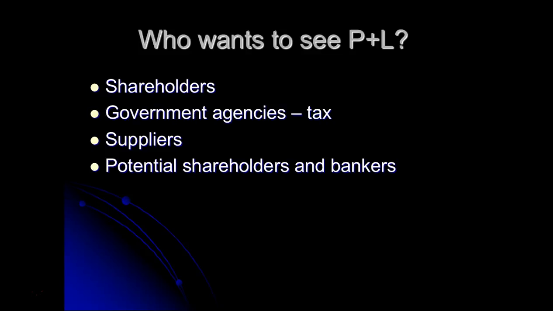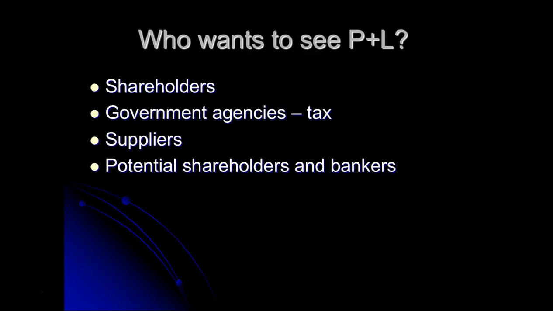They will look to see how much profit or how much loss has been made, to aid their decision as to whether or not they're going to invest in this organisation. That is just some of the many stakeholders who are keen to see the profit and loss account. Not all companies will reveal their profit and loss. However, for those that do, these will be the reasons why.